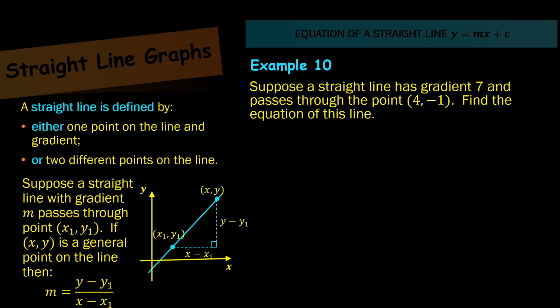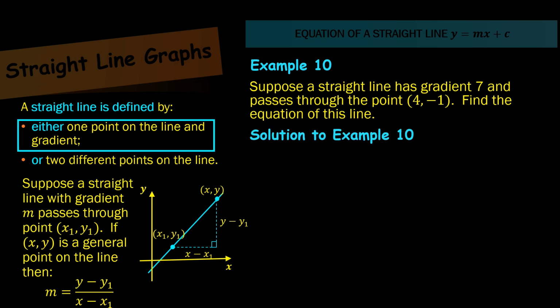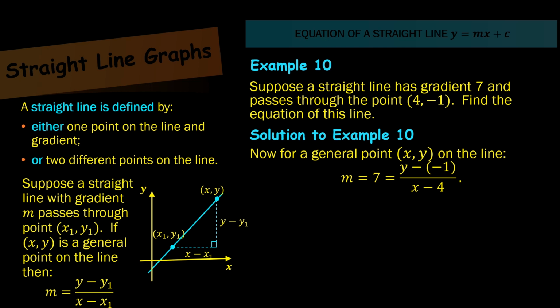Suppose a straight line has gradient 7 and passes through the point (4, -1). Find the equation of this line. So let's solve this. In our question, we have one point on the line and the gradient. So for a general point (x, y) on the line, we can say that m equals 7, which is the gradient, equals y plus 1 over x minus 4.